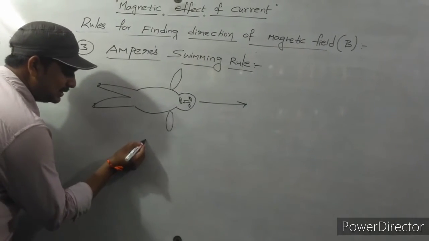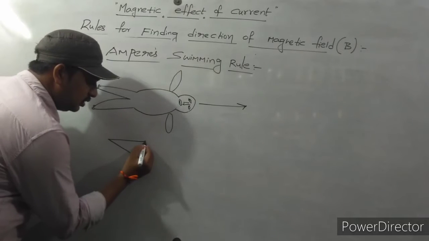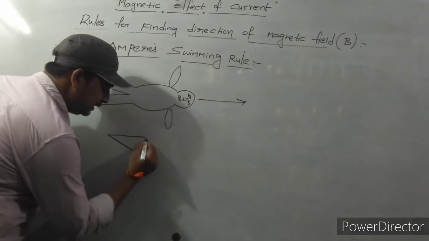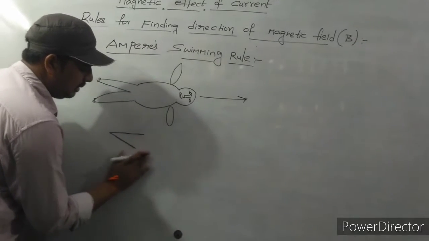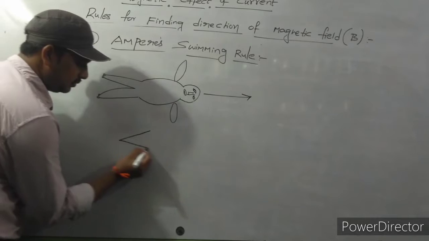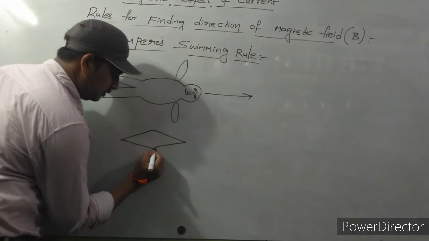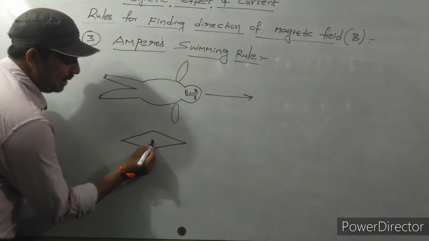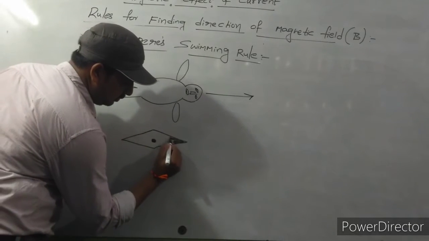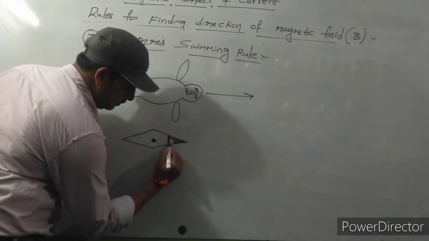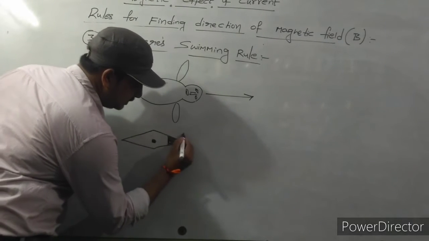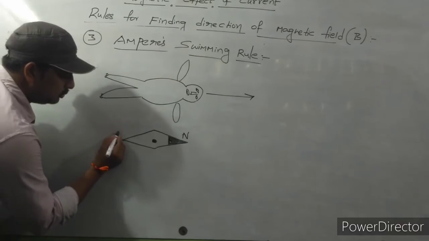Here we are placing a magnetic needle. You know how to draw a magnetic needle. This is a magnetic needle. Here is the north pole, and here is the south pole.